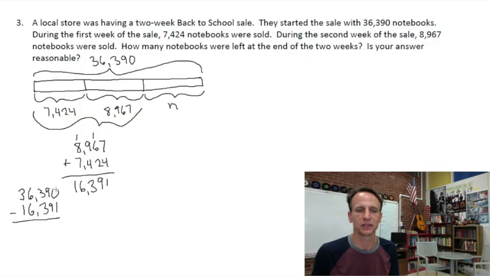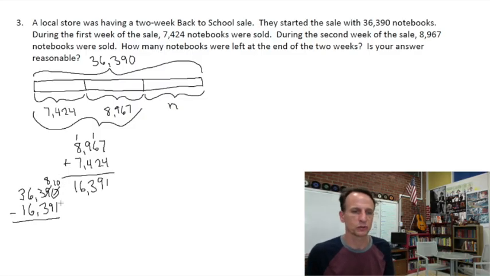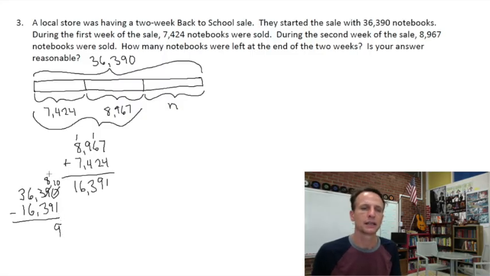Oh, yes, you'll see. Because we can't take 1 from 0, so we have to regroup here. Leave 8 tens, bring 10 over to the 1's place, where there were 0 1's existing. And so 10 minus 1 is 9. 8 minus 9, we need to regroup. Yep, so go over here, leave 2 hundreds, bring over 10 tens.